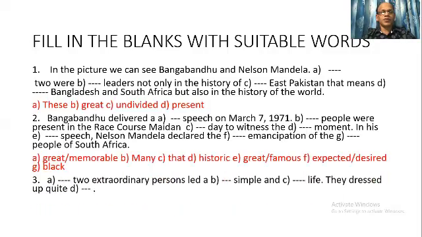You see, first one is a great speech on March 7, 1971, or a memorable speech. These two words you can choose for the gap. These are adjectives. Then many people were present. Many is a quantifier, a kind of adjective. In the Racecourse Maidan, that day.